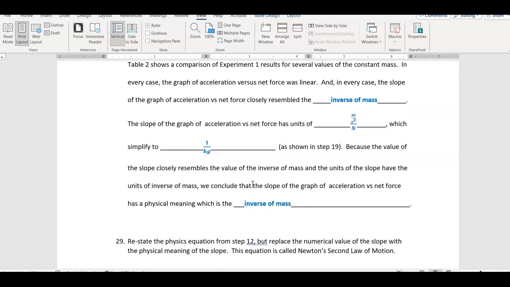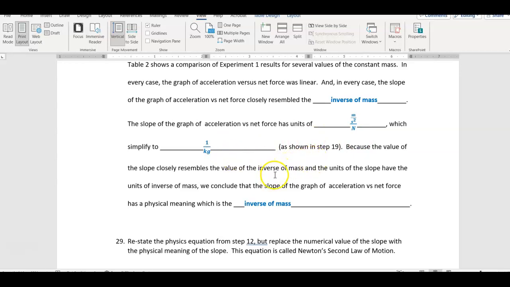And also, when we simplified the units of the slope, they started out as meters per second squared over Newton, but they simplified to 1 over kilogram. Hey, that's the unit of an inverse of mass.